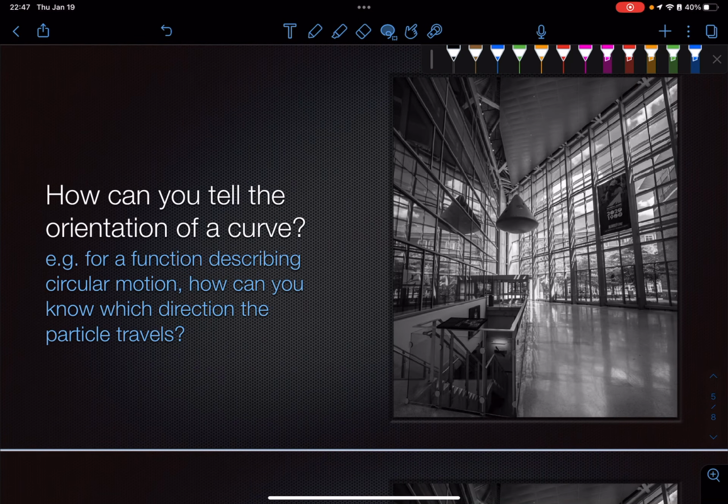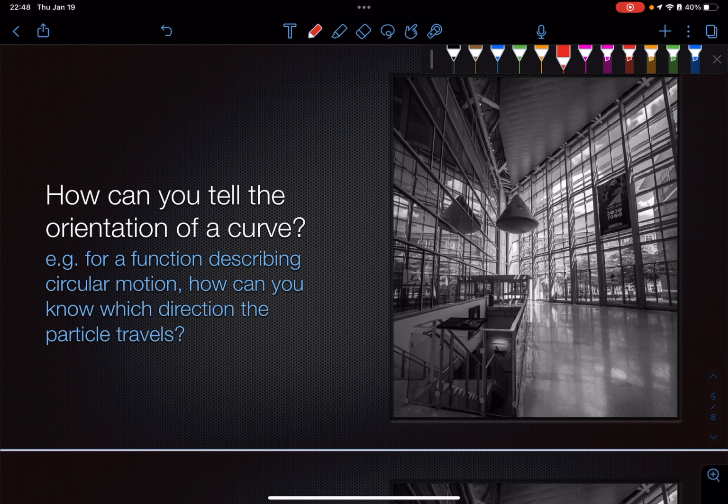Okay, so this is a technical question. How can you tell the orientation of a curve? For a function that's describing a circular motion, for example, how can you know which direction the particle is traveling? I know many people have their own unique or even fancier way to tell the parameter orientation of a curve.